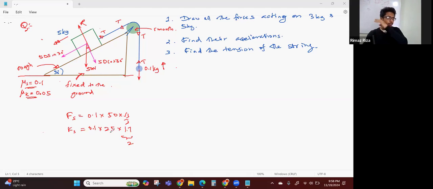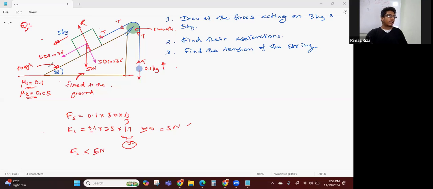Even if we get 2, it will be 50, but multiplying by 0.1 will be only 5 Newton. So I've taken it as 2, but the value is 1.7. Therefore, actually this Fs is less than 5 Newton, right?